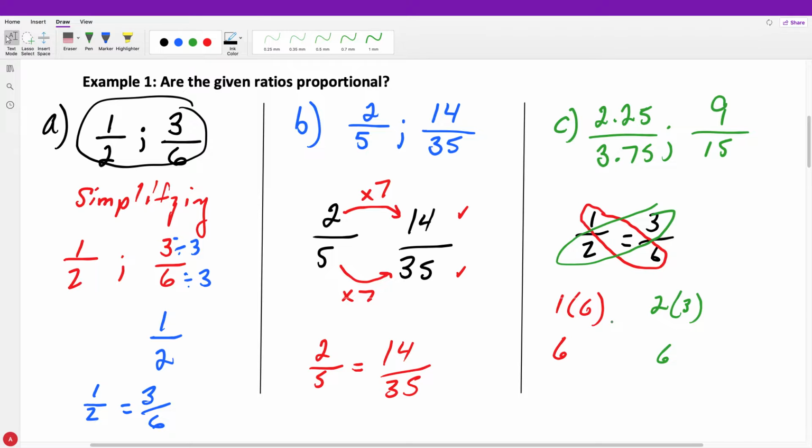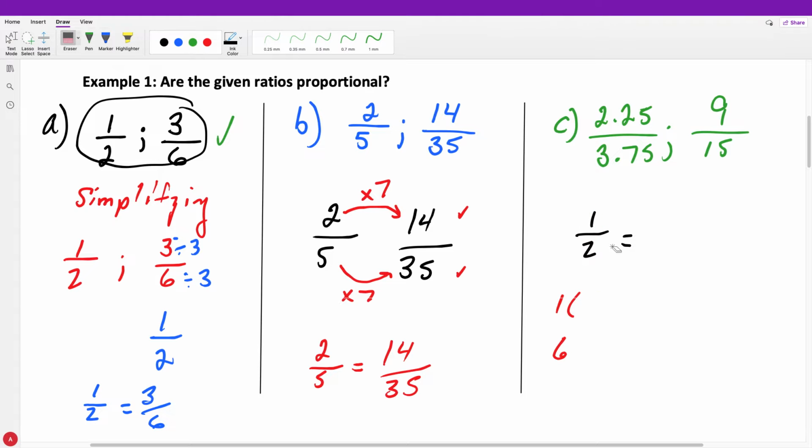If the ratios are proportional, that means that our cross products will be equal. So since these two were equal, we know that these two fractions are proportional. We already knew that they were. So we can then go ahead and say, okay, well, these two fractions are equal.